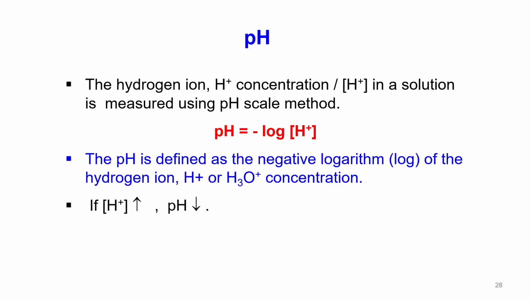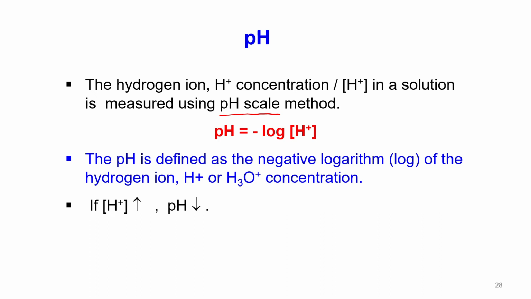Next, kita tengok pH, pOH, and pKw. So pH is the hydrogen ion concentration, or concentration of H+ in a solution, which is measured using the pH scale. Skala pH. So pH is equal to negative log [H+].